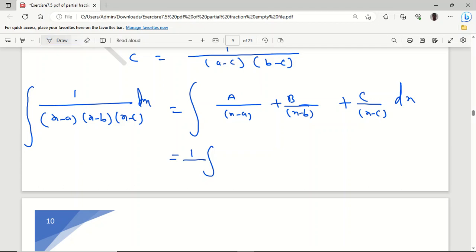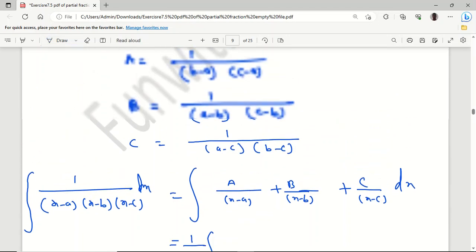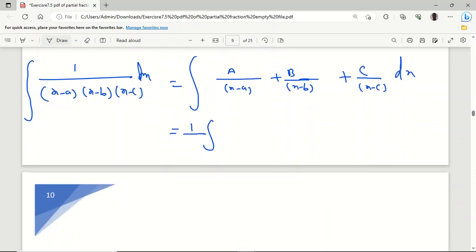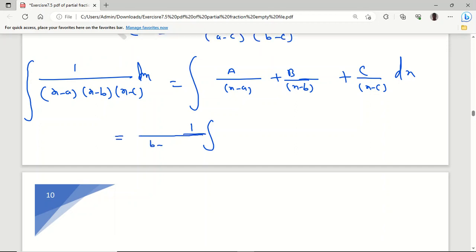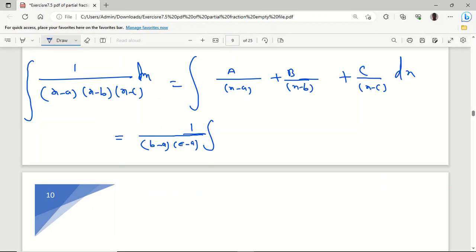The value of A is 1 upon (B minus A)(C minus A), times the integral of 1 upon x minus a. Now it is very easy to integrate.